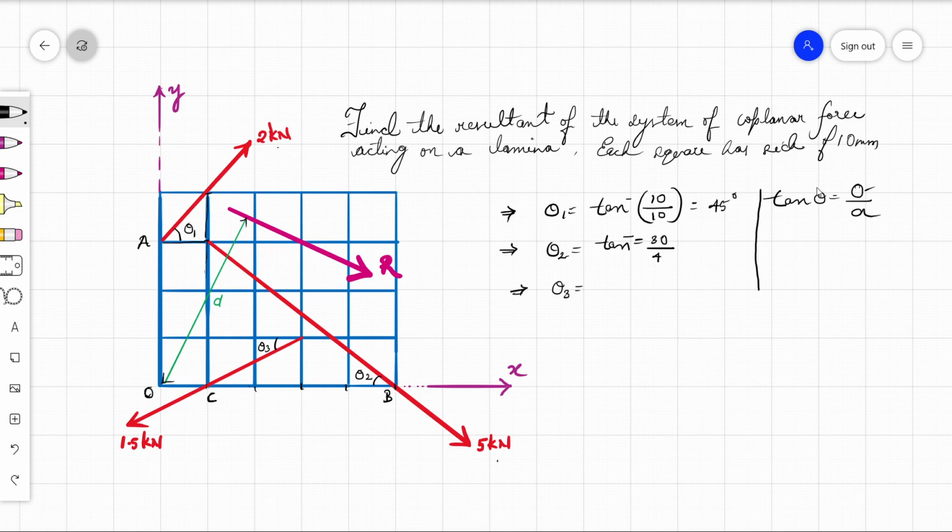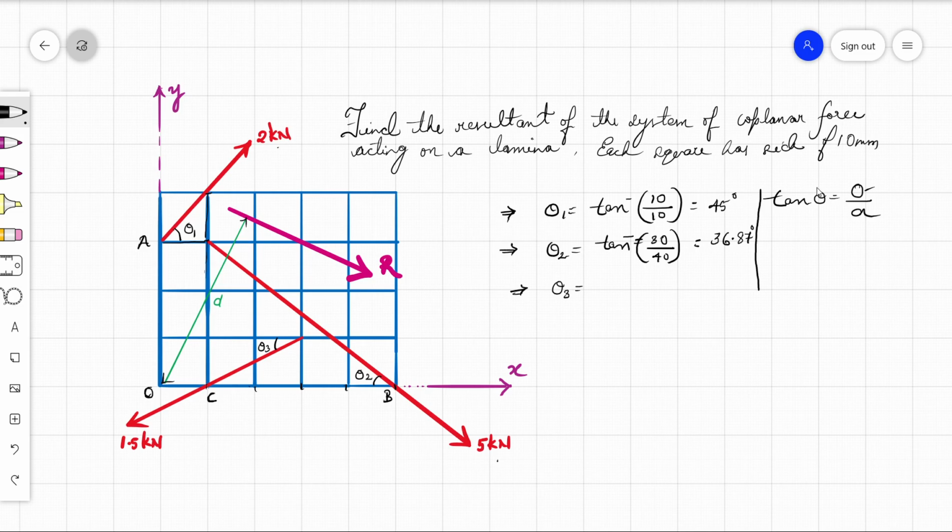So theta 2 is tan inverse of 30 by 40. Tan inverse of 0.75, if you do it in the calculator, you will get 36.87 degrees. Please do mind that all of this is in degrees, do not take it in radians.